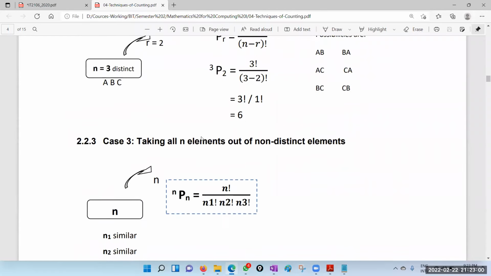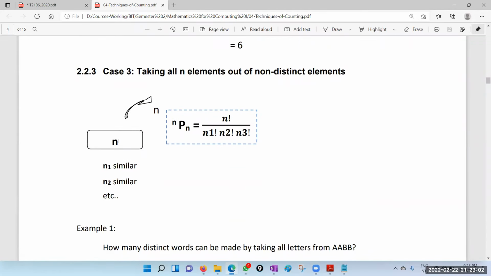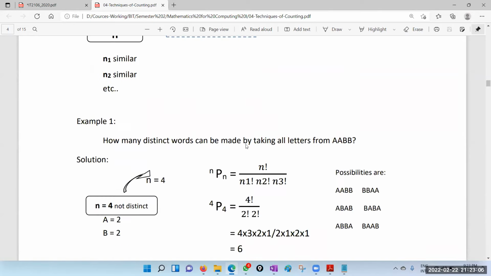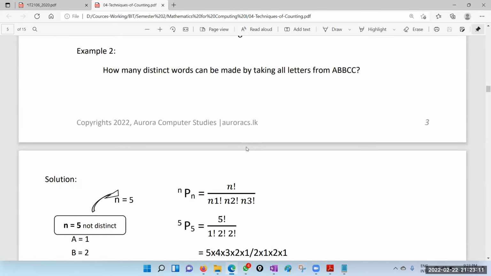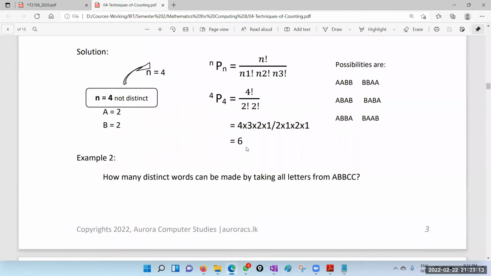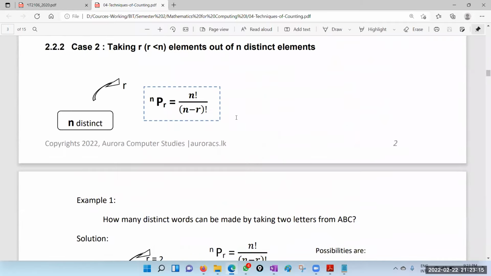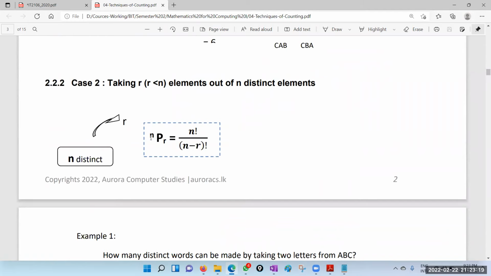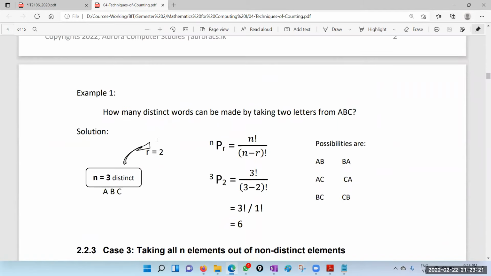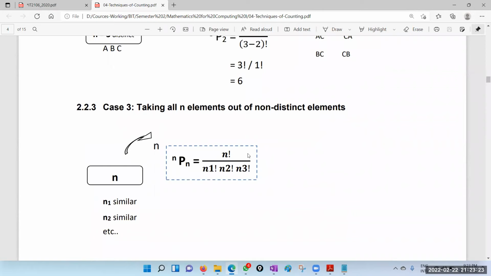Then if there are same things, and you take all, factorial n divided by factorial n1 factorial n2 factorial n3. Then you have the circular arrangement, but this is not a circular arrangement. So therefore we must be able to do this as either factorial n, or nPr, or nPn with similar things. Okay, right. So now let's look at the question again.